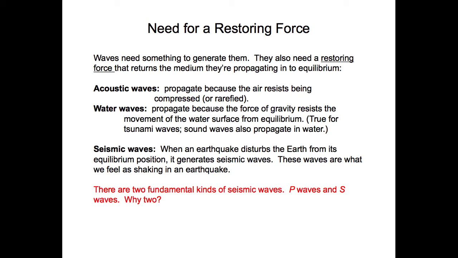And it turns out that solids resist compression, as do gases and liquids, which is why acoustic waves propagate through gases and liquids, but solids also resist shear, that is side-to-side motion, and we'll illustrate that with a slinky in class. So because solids resist distortion in both compression and shear, we end up with 2 different kinds of waves called P waves and S waves.